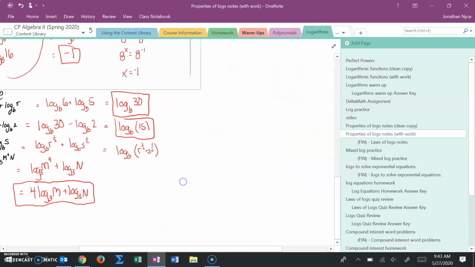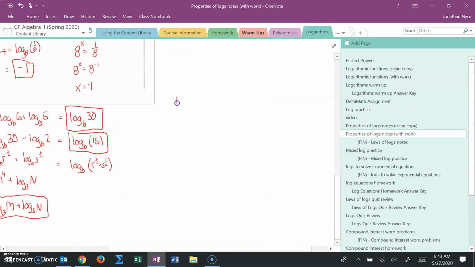And that's essentially it. So your primary 3, maybe 4 properties of logs. If the bases are the same and you're adding logarithms, you can rewrite that as one logarithm, same base. The arguments are multiplied. If you're subtracting logarithms and the bases are the same, you can rewrite that as one logarithm.